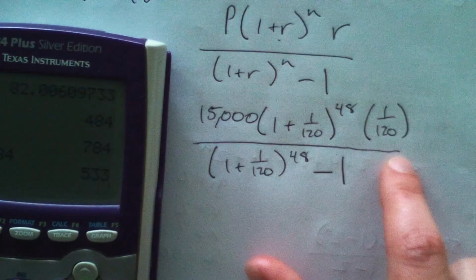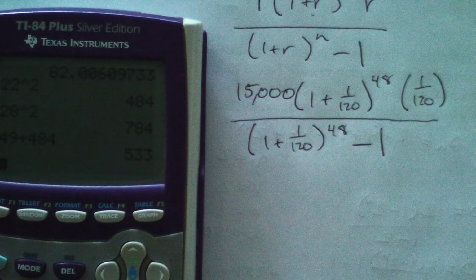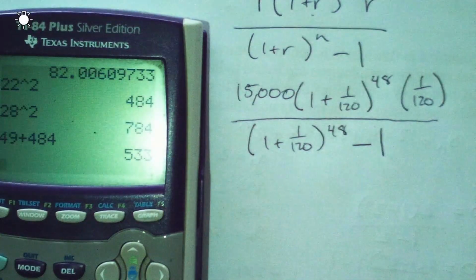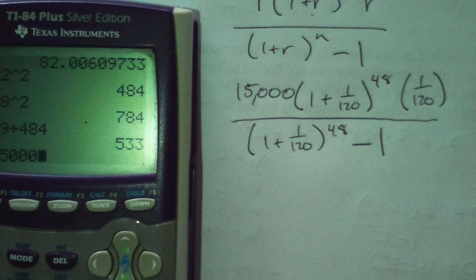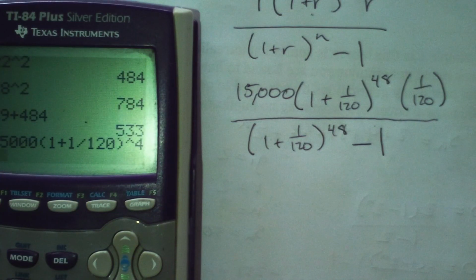So parentheses, another parentheses for this chunk here, 1 plus my 1 divided by 120 again. Close my parentheses, power of 48, and then minus 1, and then close my full parentheses there, grouping that whole bottom together, hit enter, and that'll get me exactly what I've got. Okay, so I ended up with approximately 380.44.